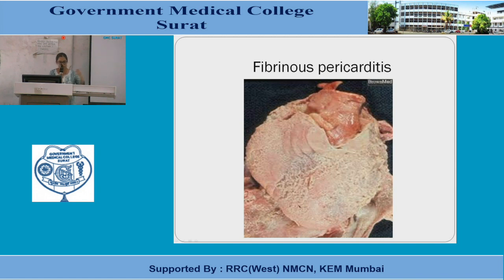So, when you pull off the parietal pericardium from the visceral pericardium, the surface appears shaggy due to the accumulation of fibrin between these two layers, giving rise to the characteristic bread and butter appearance of fibrinous pericarditis.